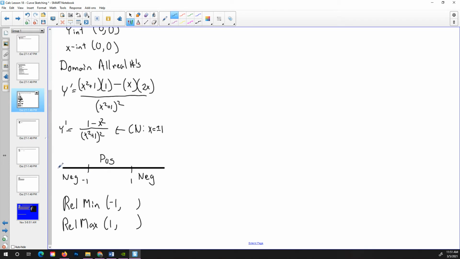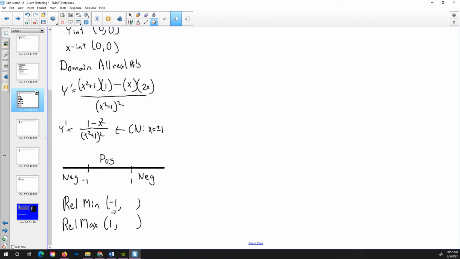And we know that because this function is decreasing until it gets to -1, and then it's going to start increasing once you get past -1. So I have a relative minimum there at -1, and then this function is increasing from -1 to +1, and then when I get past +1, it starts to decrease again. So I get a function that's got to look like this. So I have a relative maximum at that particular point.